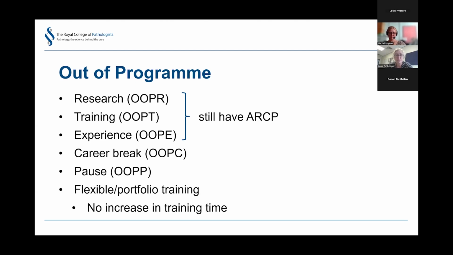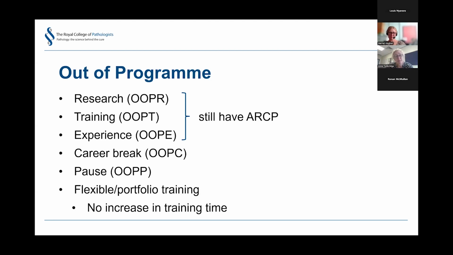So a career break is called an OOP-C. And this is literally you walk away from training and you may work in some other things. So this might be, for example, I know some people that have gone off to do the round the world yacht race, or it may be that you've got specific child or family caring needs, and you need a bit of time off.